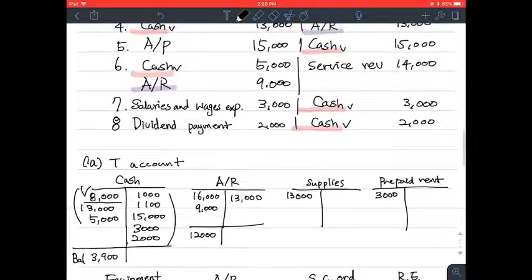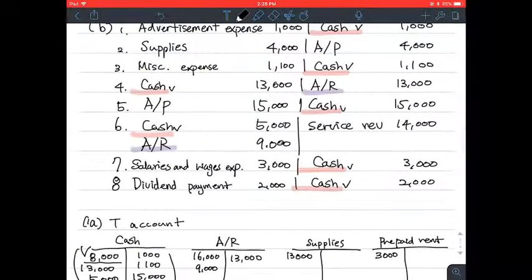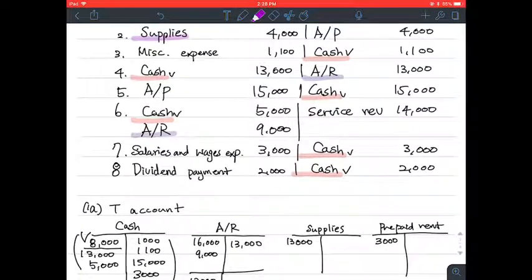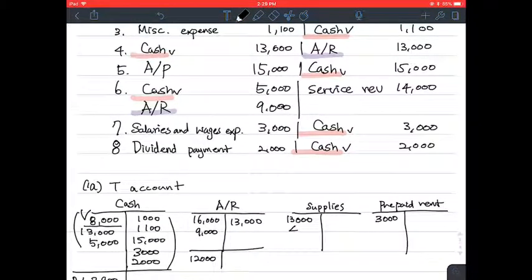For supplies, we had 13,000 in the beginning, but we added 4,000 during the fiscal year. So we write down 4,000 on the debit side. Then that will give us 17,000 on the debit side. Maybe there were no supplies expenses and the company just bought papers and never used them.